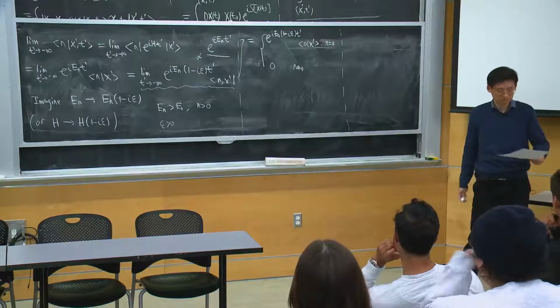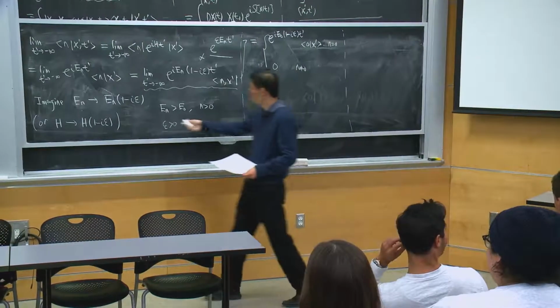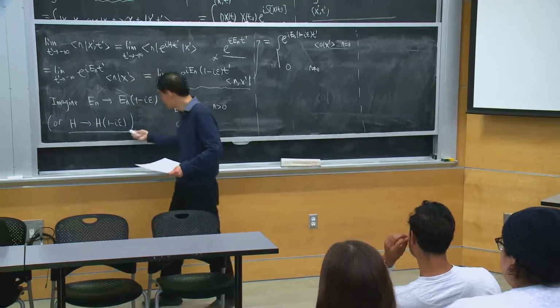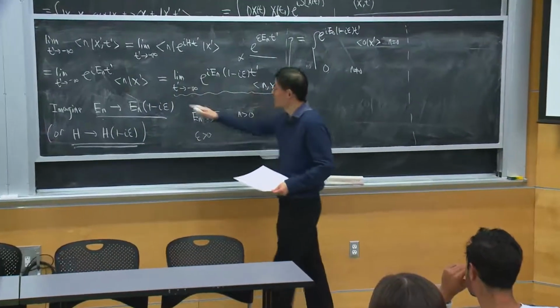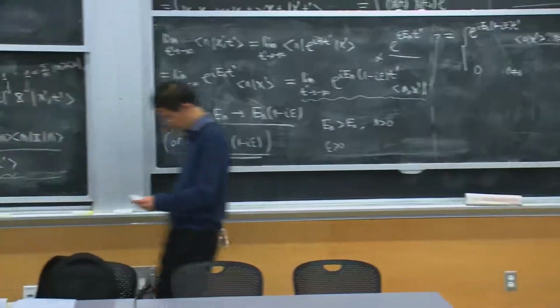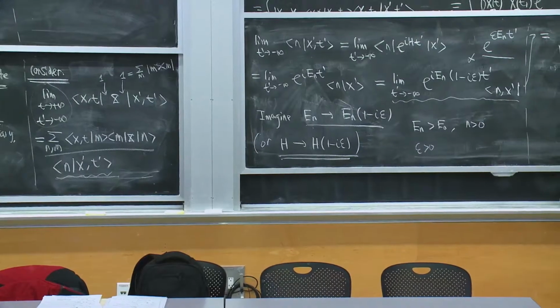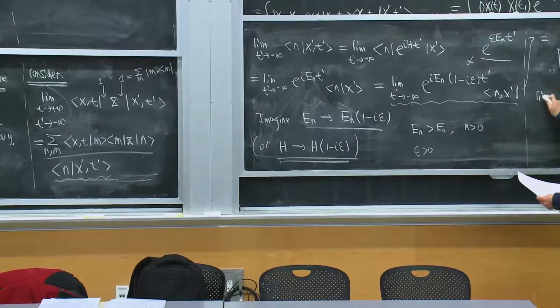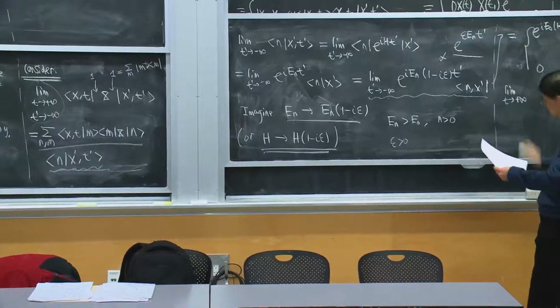Genuinely go to 0. Okay, so similarly, with the same trick, in one shot, it selects n equal to 0, but it also selects m equal to 0. With the same sign, you can easily check yourself when t goes to plus infinity.